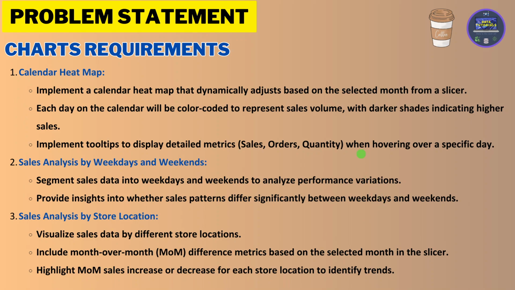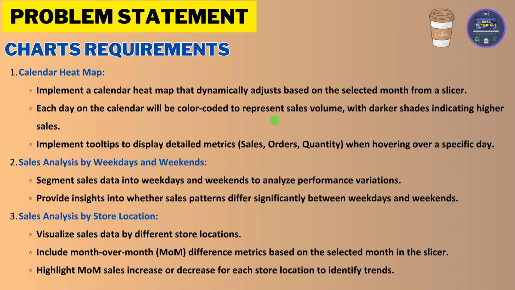The first one we have to find out is the calendar heat map. In that, we have to implement a heat map that dynamically adjusts based on the selected month, right? As I showed you, after operating our filter, once we use any month slicer, the calendar of that particular month will be shown to us. Then each day of the calendar will be color coded. The heat map should be color coded based on the sales volume.